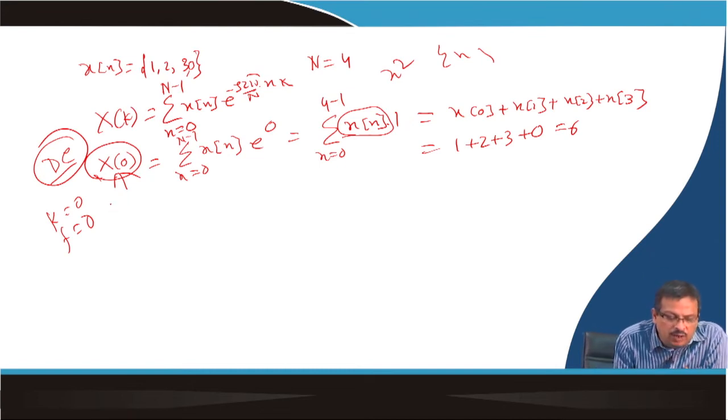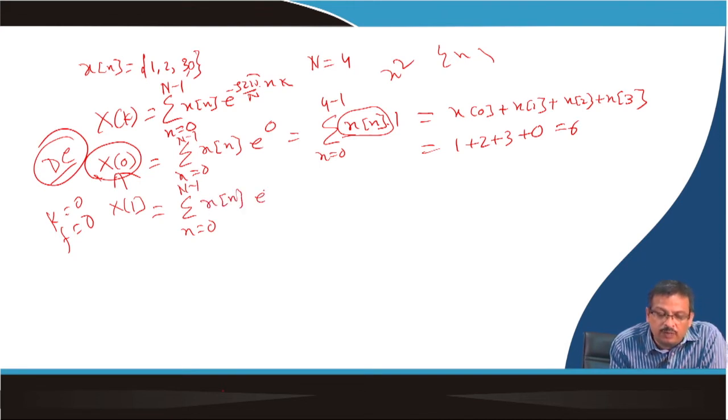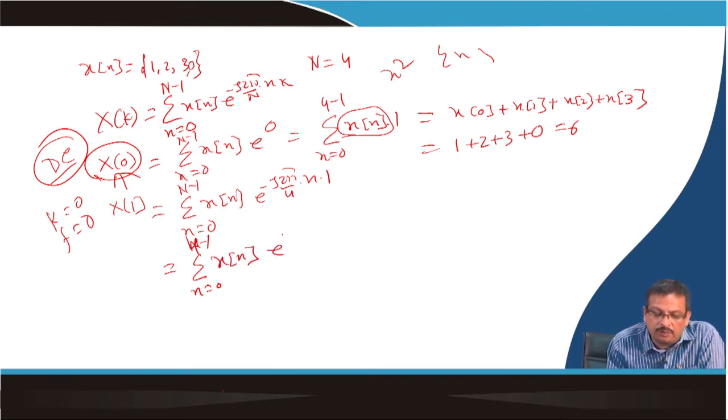Similarly, what is X[1]? X[1] is the sum from n equal to 0 to N minus 1 of x[n] e to the power minus j 2 pi by 4 into n into 1. So that is the sum from n equal to 0 to 4 minus 1 of x[n] e to the power minus j pi by 2 times n.